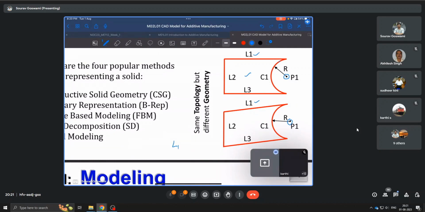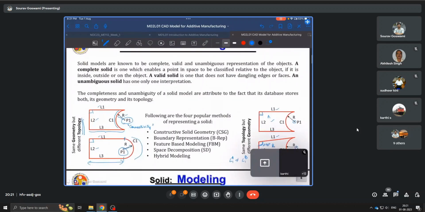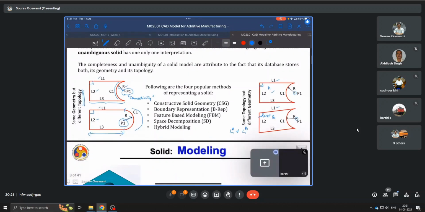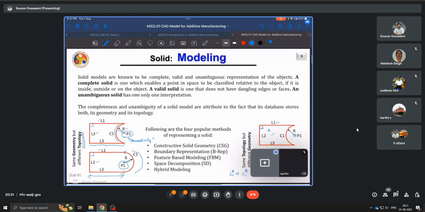So L1 for body A need not be the same as the length L1 for body B. Again, they are not connected at the same angle. This one here is a right angle, but this one is not 90 degrees. So something illustrative to distinguish between geometry and topology, even though often we use them interchangeably in a wrong sense.